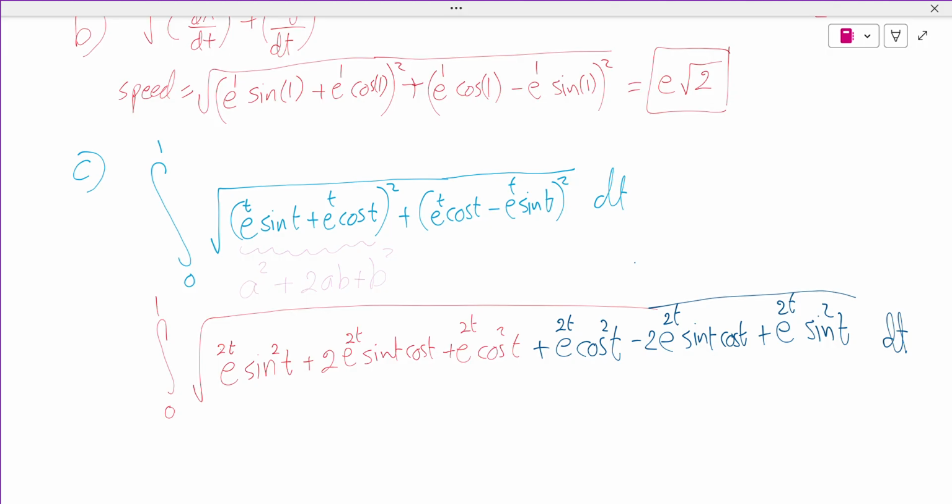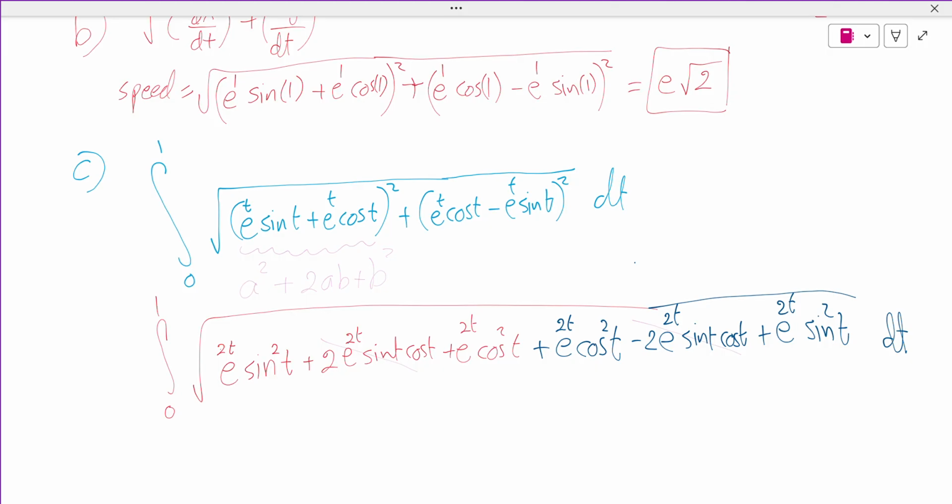So here we have 2e to the power of 2t sine and cosine, and here minus 2e to the power of 2t sine and cosine, so they cancel.